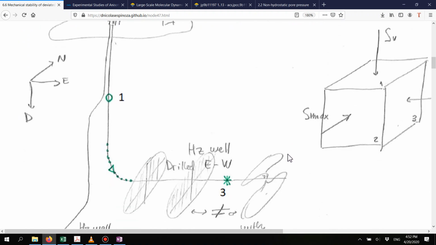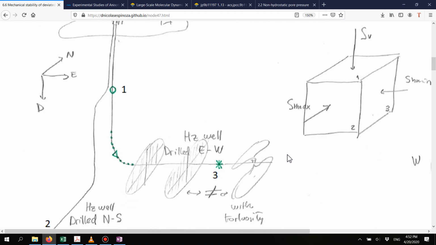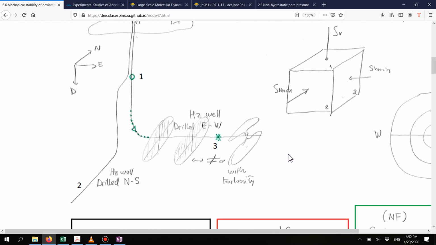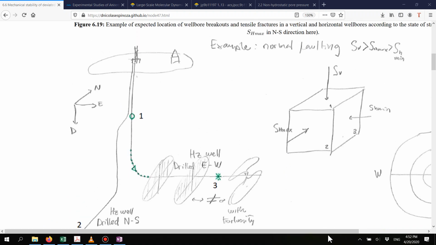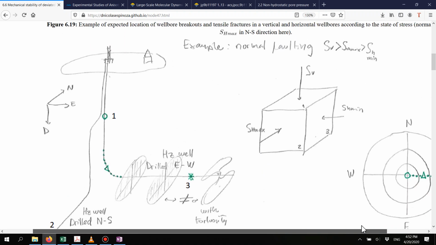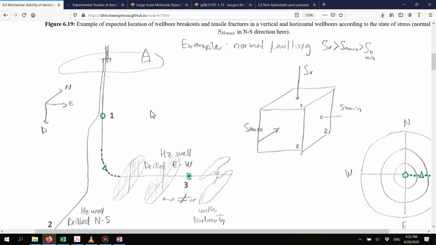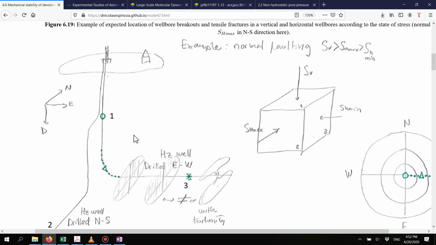And for that, here I have made one example in which we have 3 directions, 2 wellbores. These two wellbores start vertically, and at some point they deviate, and one deviates towards the east, and another one deviates towards the south.